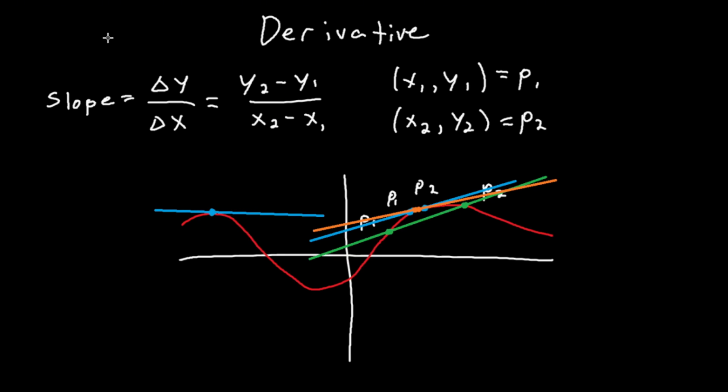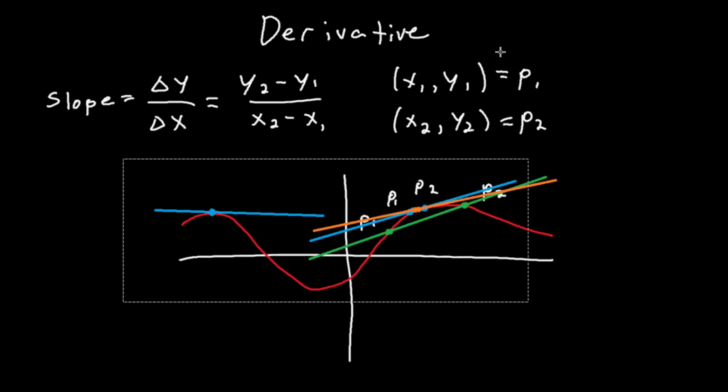The reason I say locally is because a tangent line could look like this, for example, but it'll still intersect the graph again up here or maybe a little down here. But the whole point of this tangent line is that it intersects the graph only at 1 point within your small region.